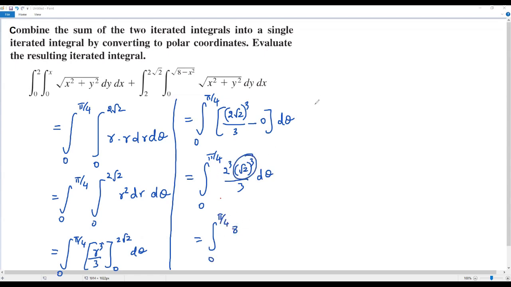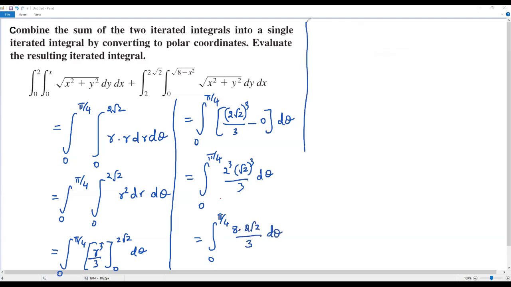Now to evaluate (√2)³, I have to multiply √2 by itself three times. When I multiply √2 and √2, I just get 2, and we get 2 times √2. So the evaluation of (√2)³ is 2√2. So let me write it here: times 2√2 over 3 times dθ.